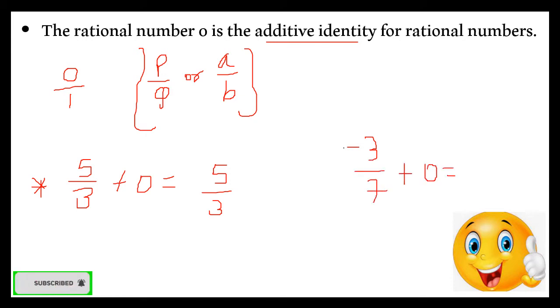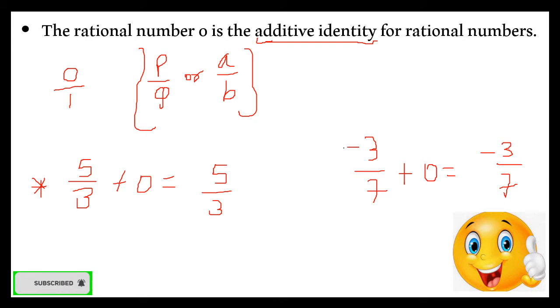The same result will be here, minus 3 upon 7. So this is what we call 0 is the additive identity for rational numbers, and additive identity is something which doesn't change the number when you add it. I hope you got it very well.